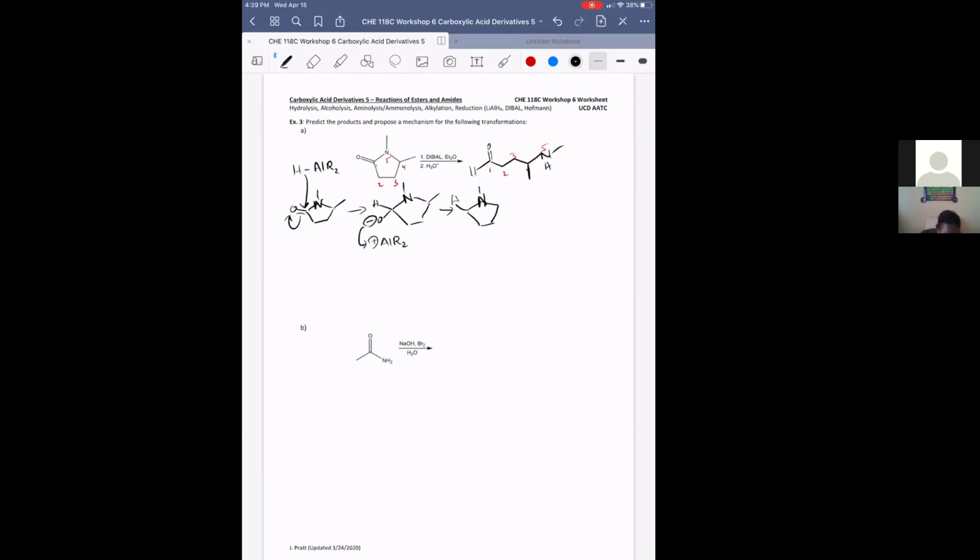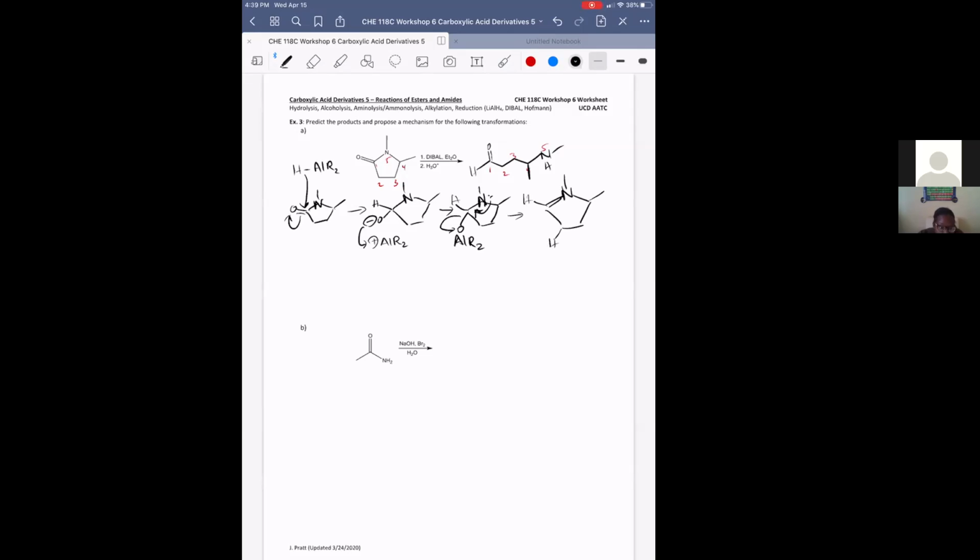We've added a hydrogen, and now we have OAlR2. Our next step is to use the lone pair of electrons from nitrogen to generate a double bond. And this causes our OAlR2 to be a good leaving group. So from there, we'll generate a double bond between nitrogen and carbon. And now this carbon also has a hydrogen attached, right?